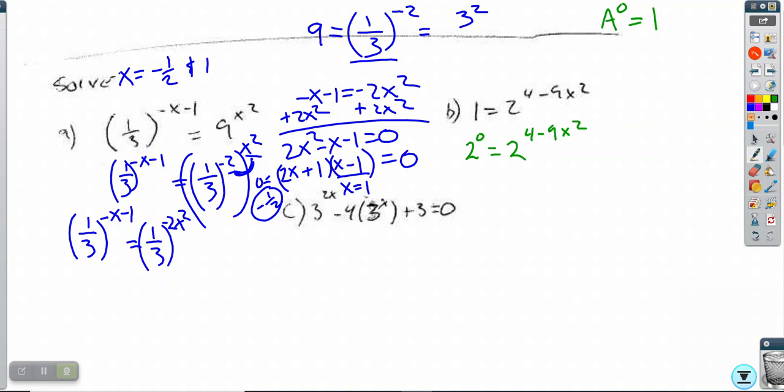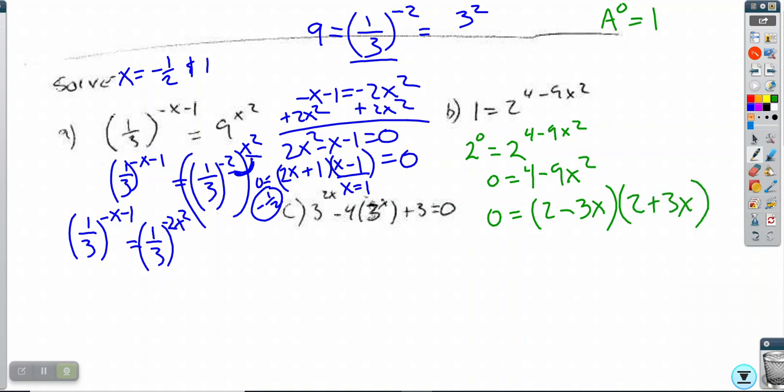All right, so that means that 0 has to equal 4 minus 9x squared. Well, this is just a difference of squares. I love differences of squares. So that means we have 0 is equal to 2 minus 3x times 2 plus 3x. Oh, this is great.